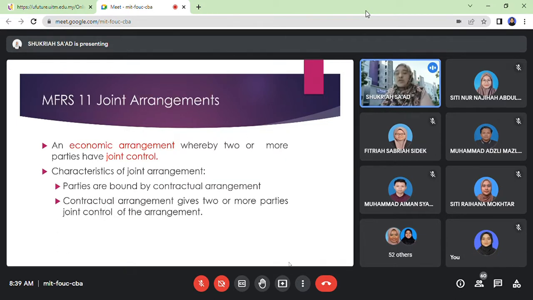So when talking about joint arrangement, it is actually covered under MFRS 11. Before that, I'm referring to the textbook, Jane Lazar. If you have the 9th edition, you can refer to chapter 40.